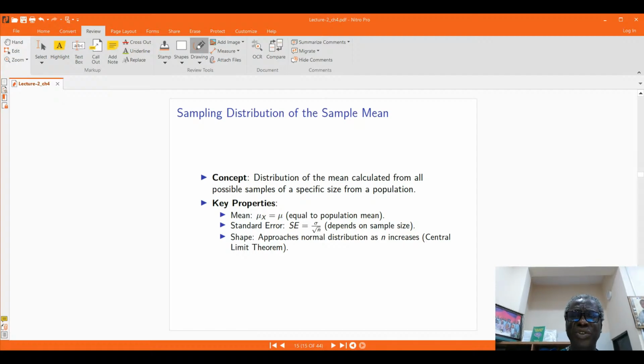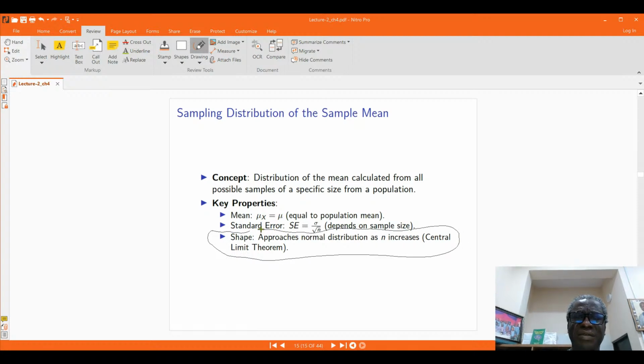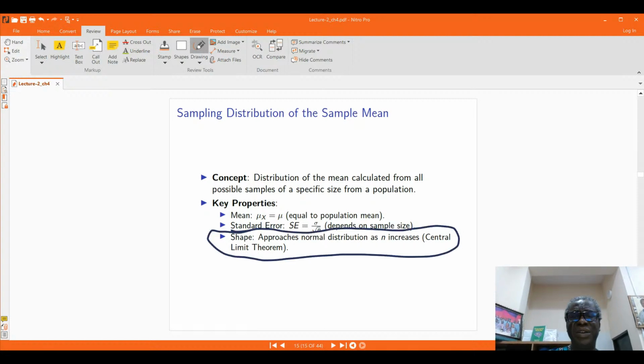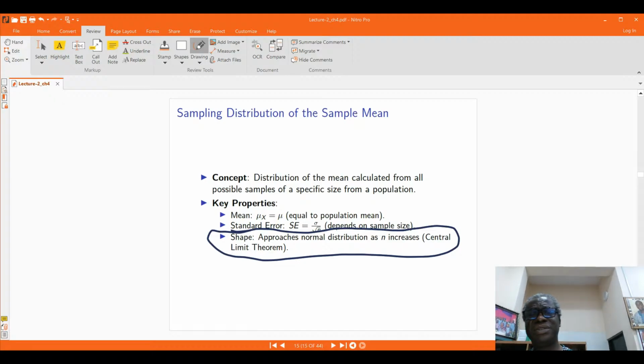But I'm now going to emphasize the shape. I've talked about it briefly. We have seen the center of the sample mean is always the same as the population mean.